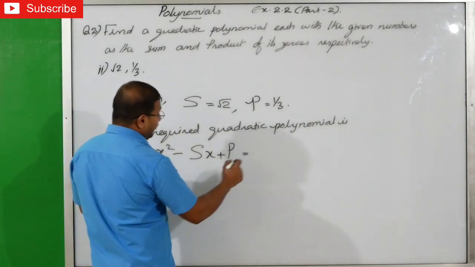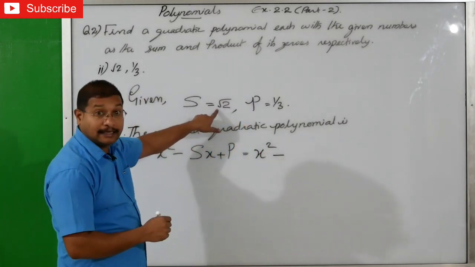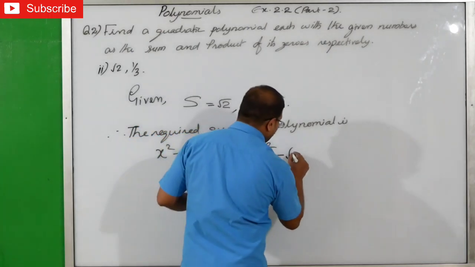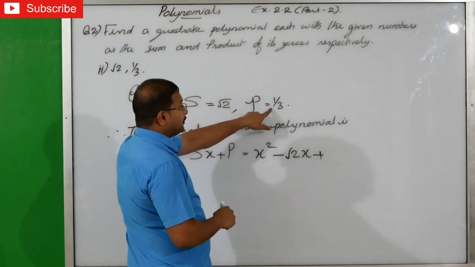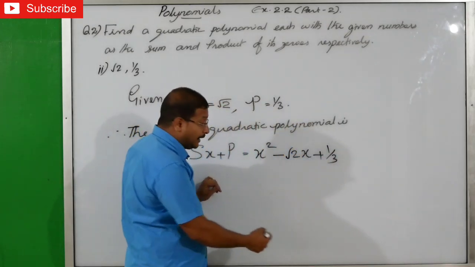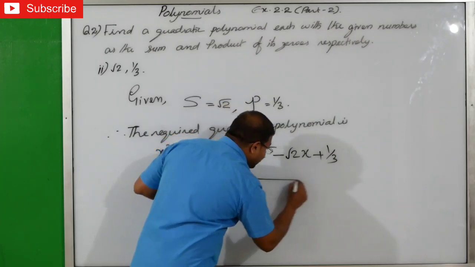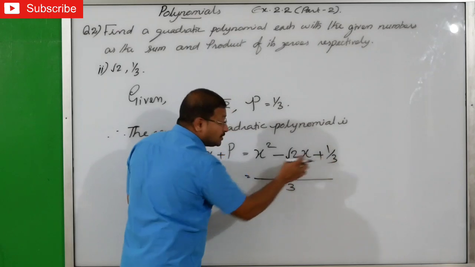So equals x square minus sum of the zeros, what you will write? Yes, root 2. Root 2 into x plus product is 1 by 3. Now what you'll do? We'll take 3 as common denominator, isn't it? Here you have to multiply that 3, isn't it?